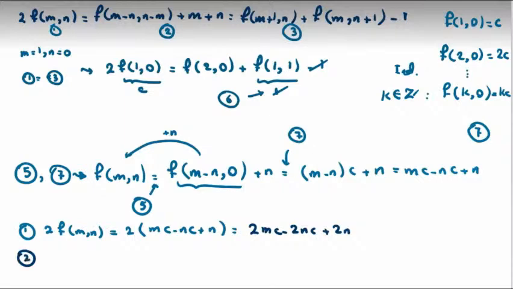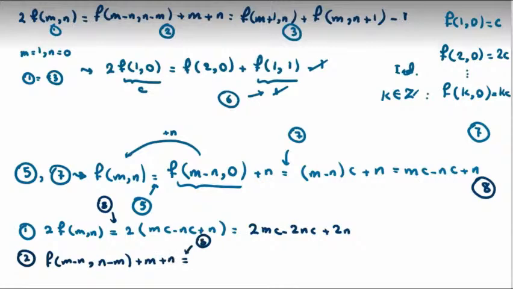Let's use 2f(m−n). Let's call the formula we found 8. So for 2f(m, n−m+n) plus n, if I apply 8 here, it will be the first one with c minus the second one with c.